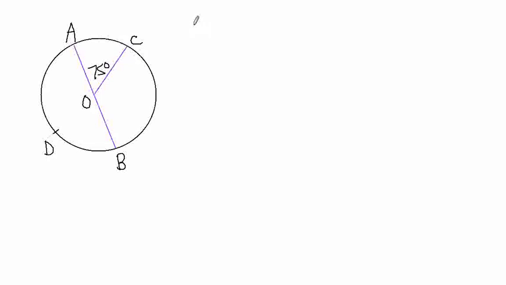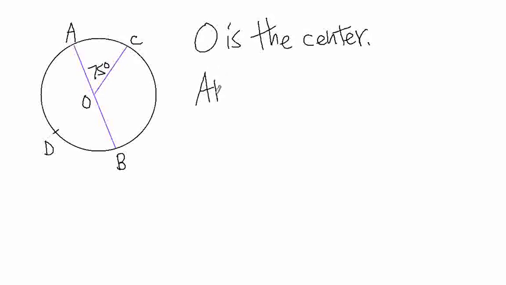All right, so I've drawn a picture of a circle, and O is the center of the circle. Also, AB is a diameter of the circle.